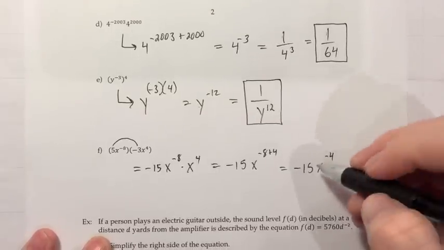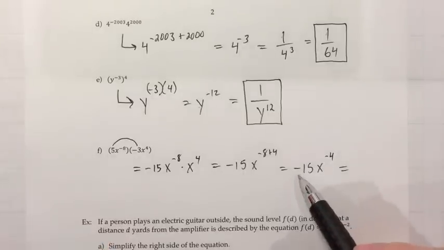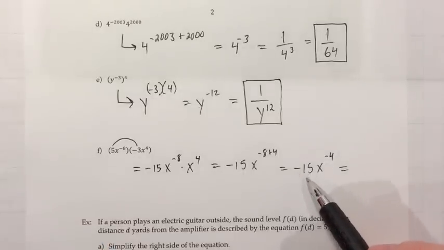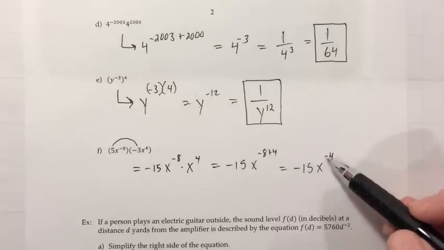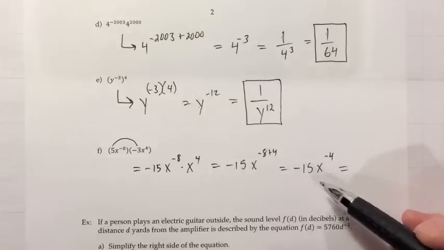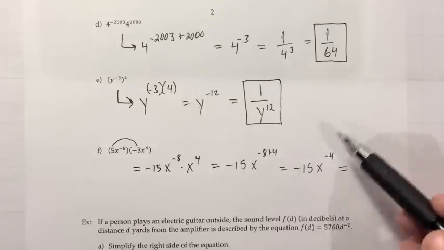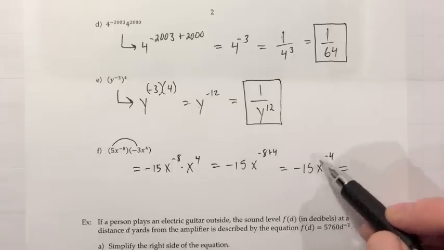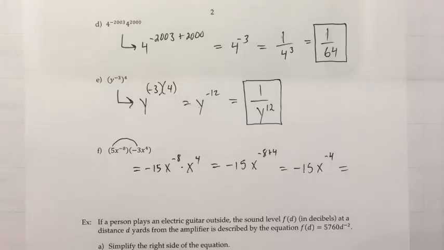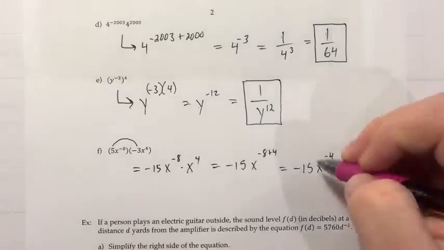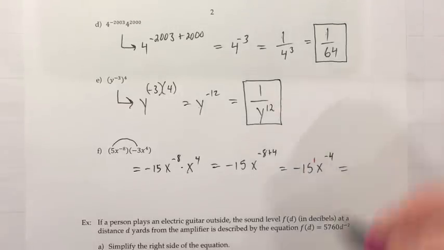And so what we're going to do is, so this is a little tricky. Sometimes people see the negative on the 15 and they think, oh, I should move that down to the denominator to make it positive. But moving something from the top to the bottom changes the sign of the exponent, not the sign of the thing itself. So right now, negative 15 has an exponent, let me do it in a different color, but it has an exponent of 1. That's positive already.